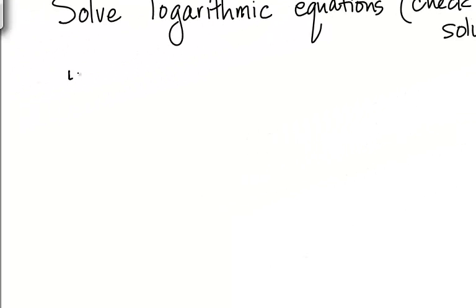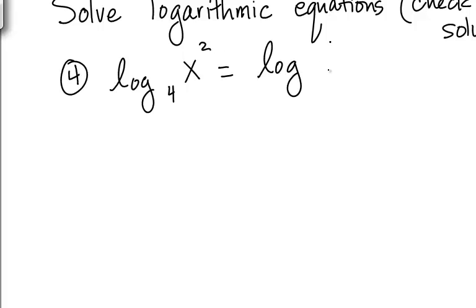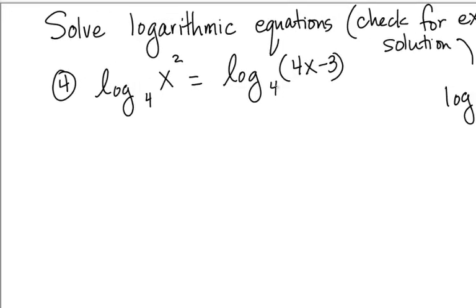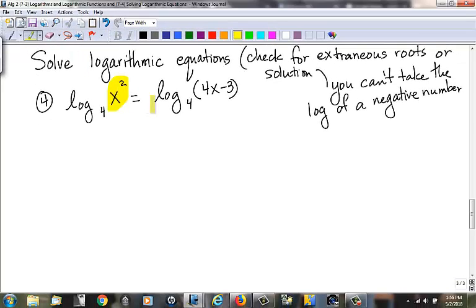So example. Say they have the log of x squared base 4 equals the log of 4x minus 3 base 4. If those two bases are the same, they're both base 4, then that means this part has to equal this part.